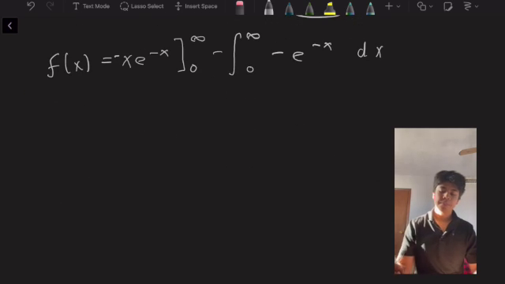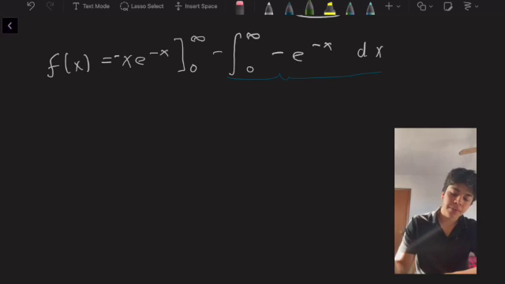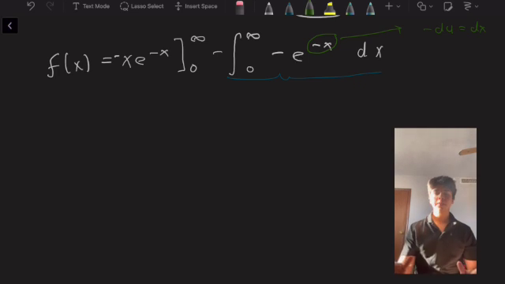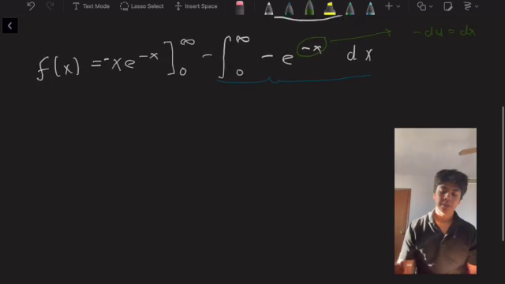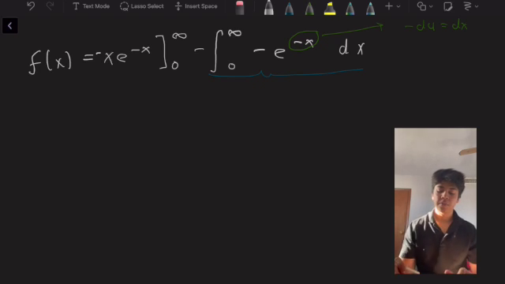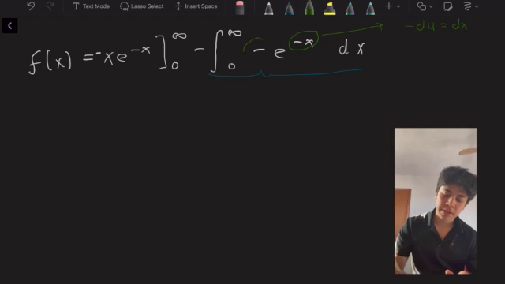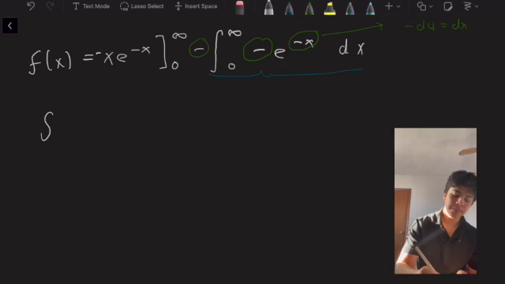So what's going to happen here is I want to focus on this integral first. So in this integral, when we do u sub, this is going to turn into negative du equals dx. So we're going to basically pull out a negative sign. And then we need to also take into account this negative sign here and this negative sign here. So let's do some simplifying.